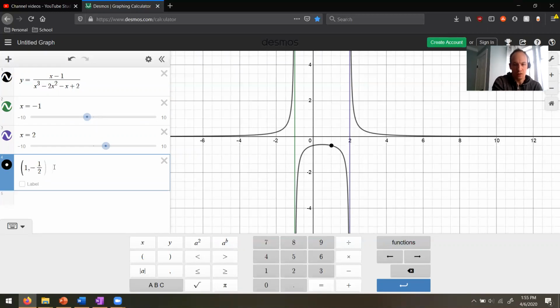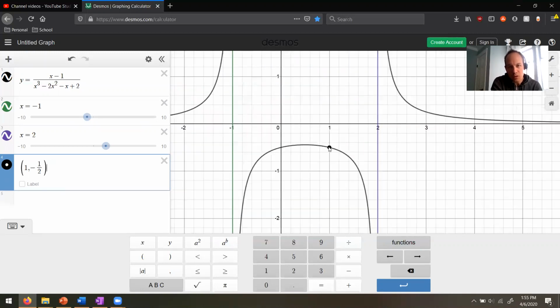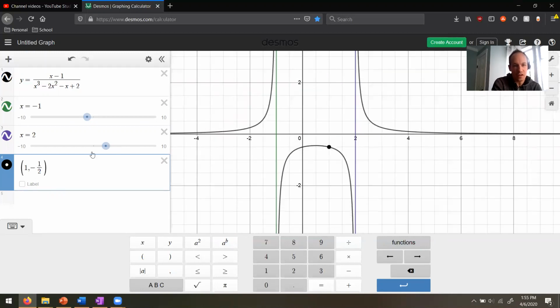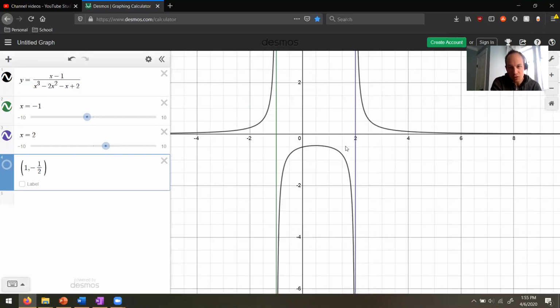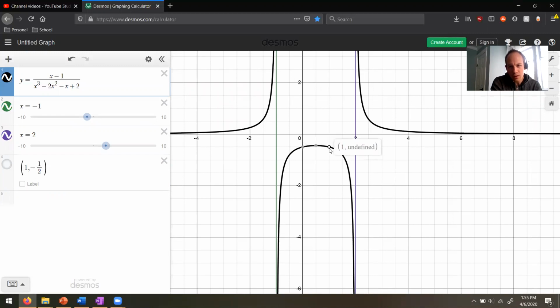There's one spot here on my graph that's marked, and that would be where I'd have my hole. You don't actually see the holes on Desmos, but if I click on it, it says undefined. So there's my hole. I can find it, but I have to click on it. Great, so done.